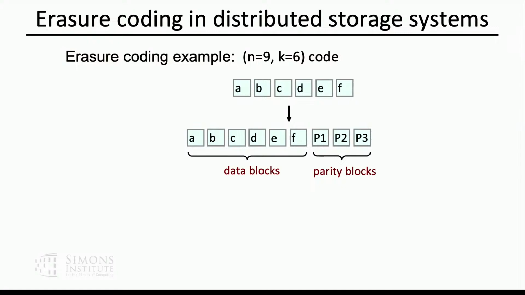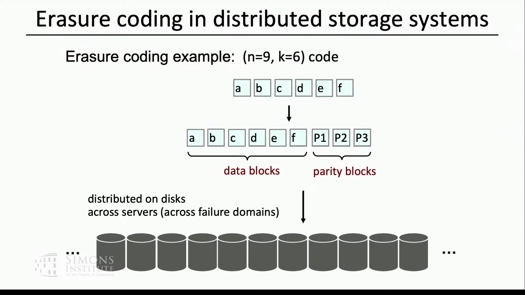So we start with 6 data blocks, or message blocks. Then because n minus k is 3, you have 3 parity blocks. You can assume you take 1 byte from each of the blocks, depending on the field size, and then create these 3 parity symbols. For example, it could be a Reed-Solomon code, and that creates these 3 parity blocks.